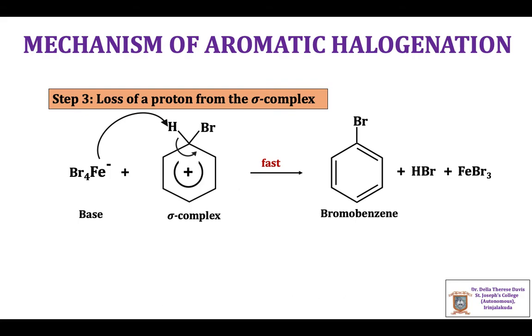In the final step, the base FeBr4- abstracts a proton from the sigma complex to give bromobenzene, HBr and FeBr3. Thus, the electrophilic aromatic substitution of benzene with the electrophile Br+ gives bromobenzene.